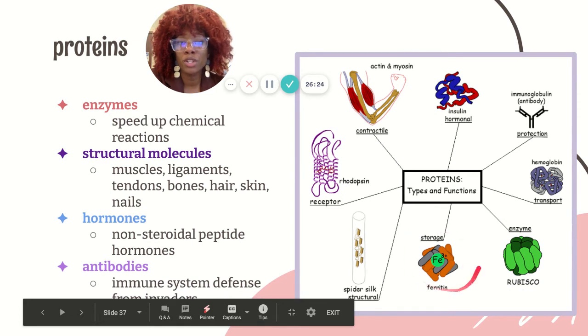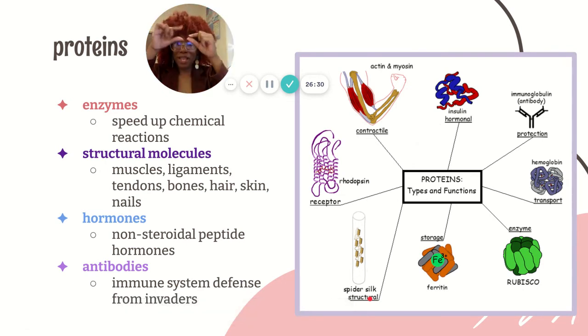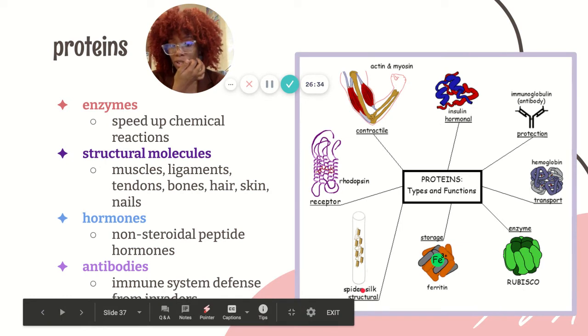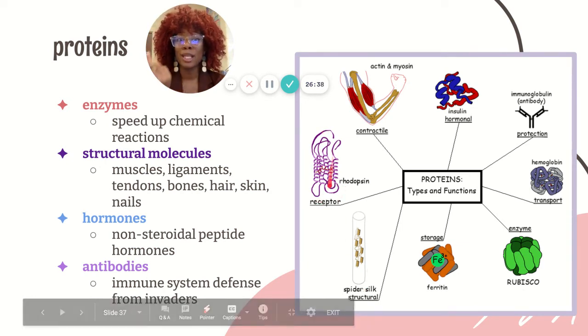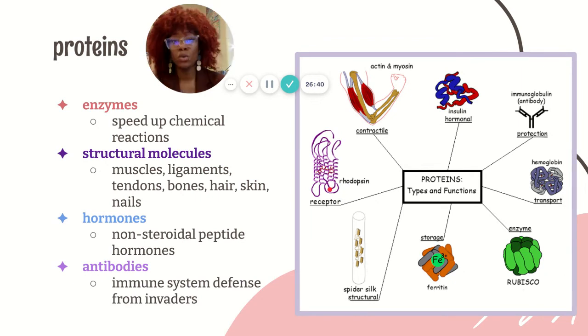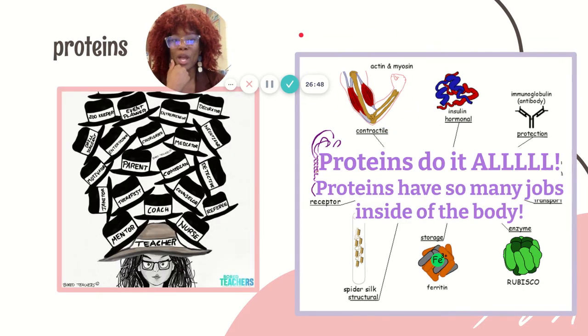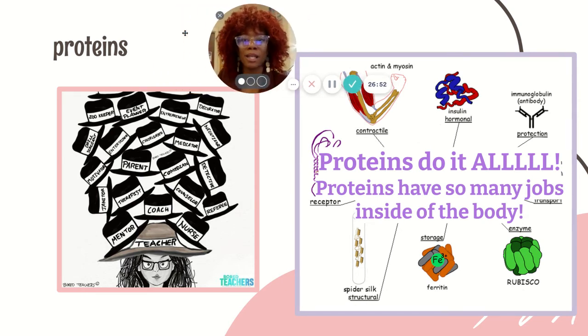There are some proteins that are used for storage, so storage of iron. When spiders make their webs and their webs are super duper strong, they actually are using a protein in their spider silk. There are actually proteins that are receptors on the cell that allow cells to communicate with each other. And then, of course, I told you proteins are used in your muscles. So yeah, proteins do it all. This is basically what I'm trying to say. Proteins have so many jobs inside of their body, they do it all.